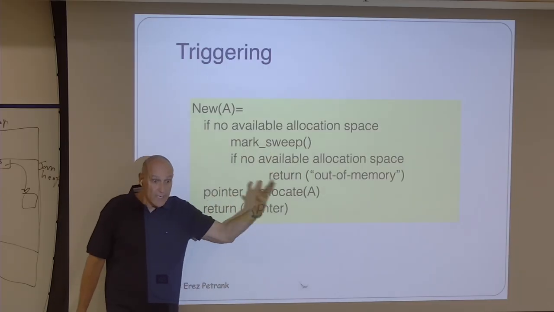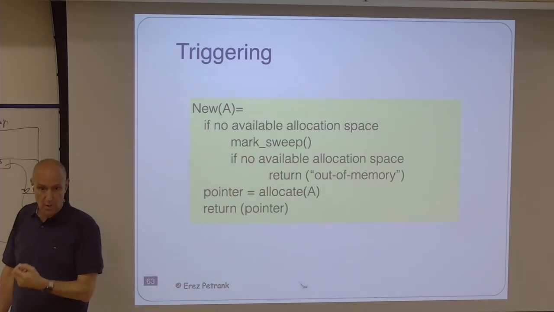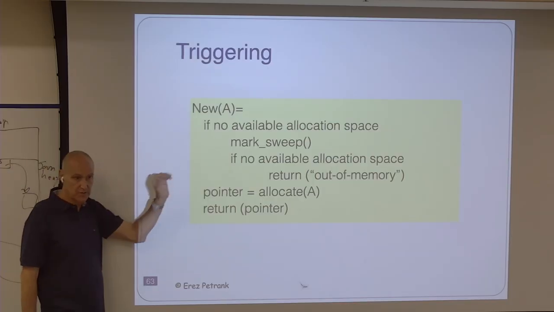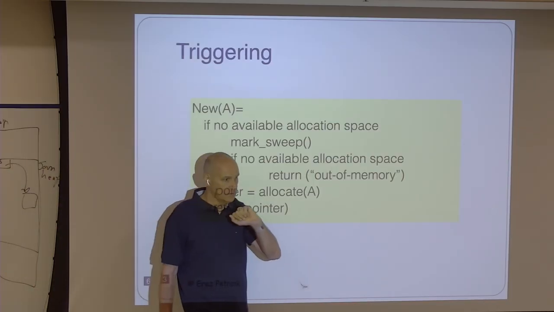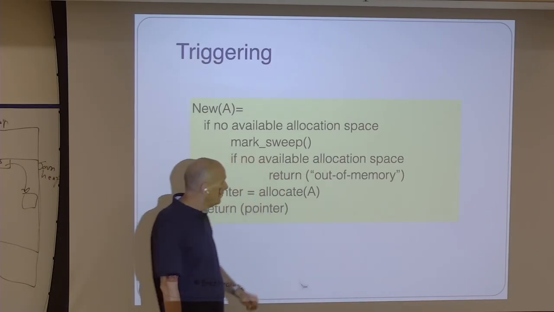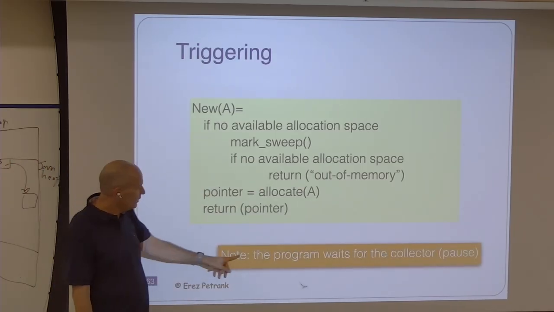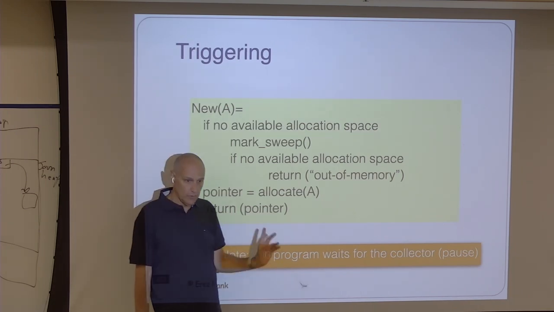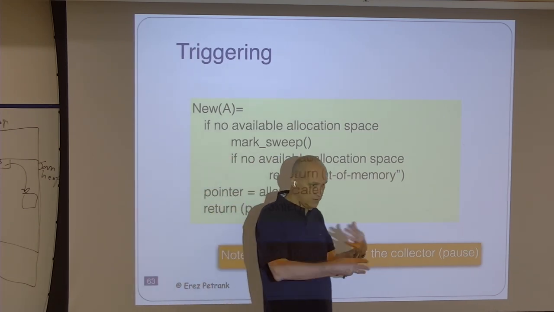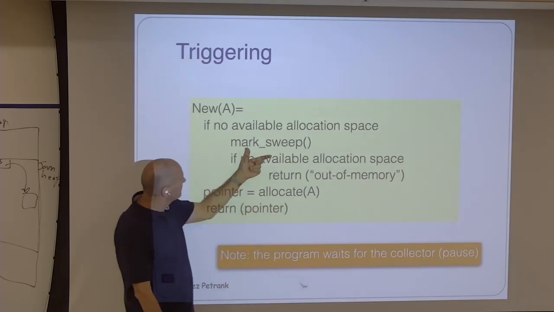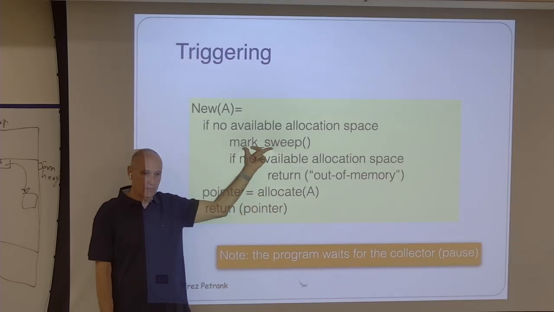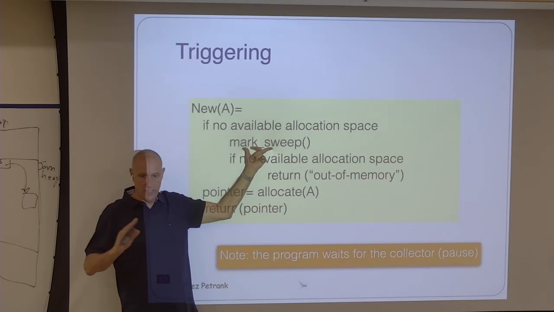But this is how it works. If you ask when is it triggered, how does it go, then this is how it goes. You allocate and there's no space. This is the standard beginning of a garbage collection. What we assume here, and we will get rid of it in a few weeks, is that when you allocate and then run mark sweep, you do not do anything.